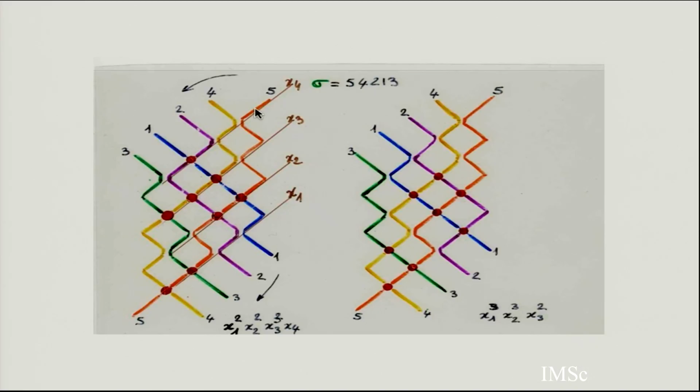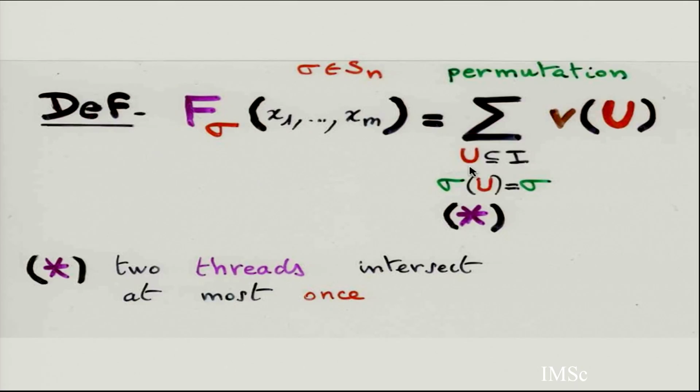I am supposing that my red points are such that two colored lines of different color intersect at most once. So it takes the sum of all the monomials associated to each of these subsets U, with the condition star, that two threads intersect at most once, and you get the summation over all such U giving the permutation sigma.